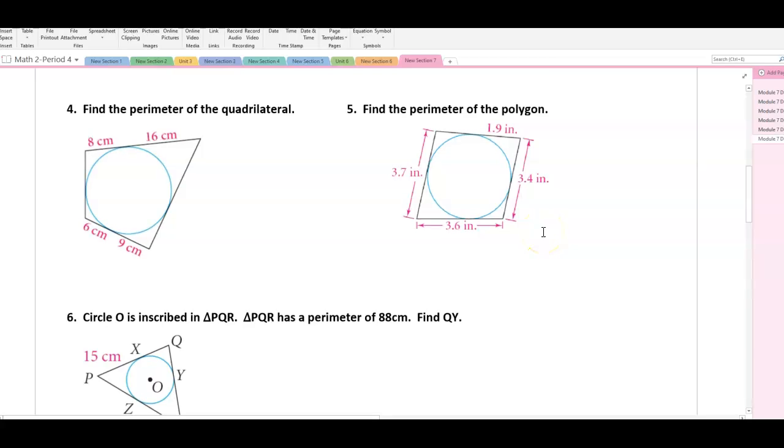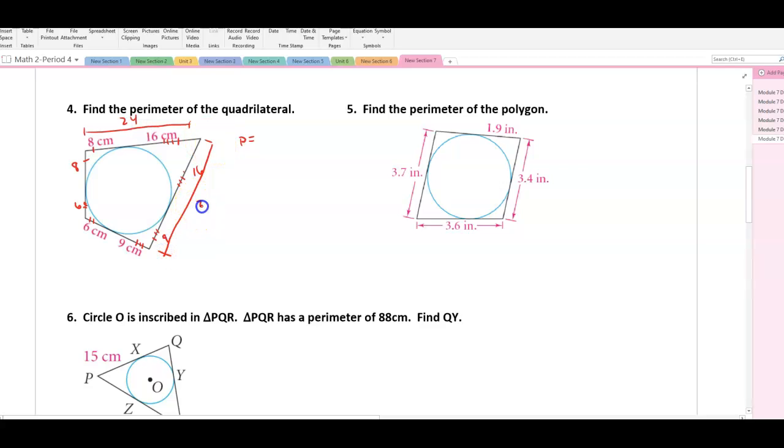Again here, when tangents intersect outside the circle, you get these are all congruent. So that's going to be 8, that's going to be 6, this is going to be 9, this is going to be 16. So the perimeter, this is going to be 24.